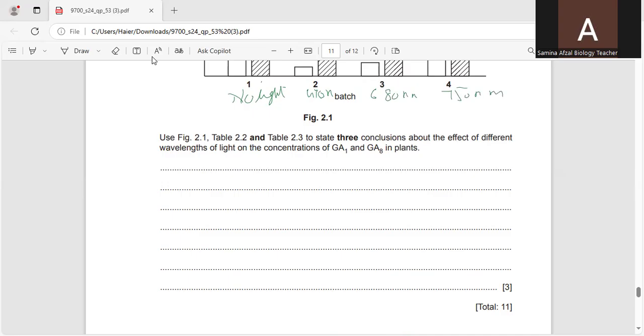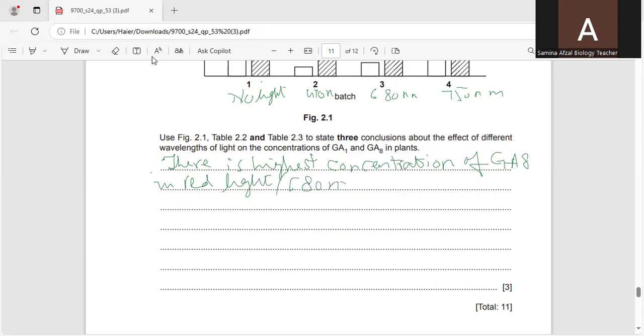So you can see the highest concentration of GA8 in red light with 680 nanometer.